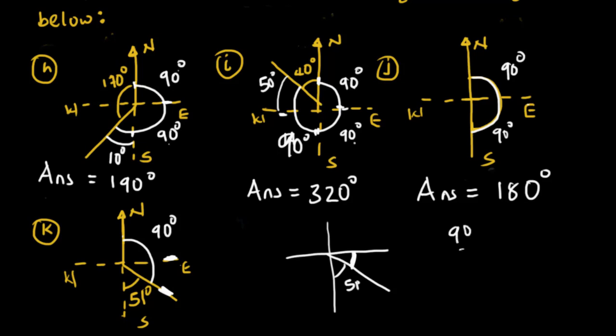Remember, you just say 90 minus 51. Does that make sense? And this will give you 39 degrees. So this small place is 39 degrees. So what that means is that our answer would be 90 plus 39 degrees. 90 plus 39 will give us 129. So our answer equals 129 degrees.